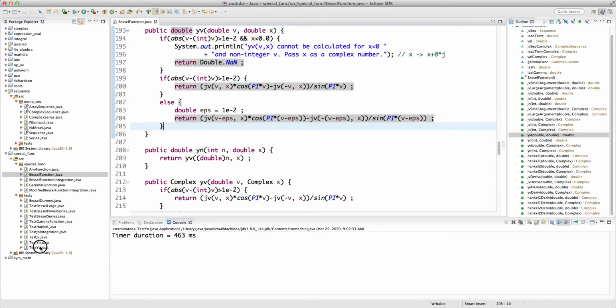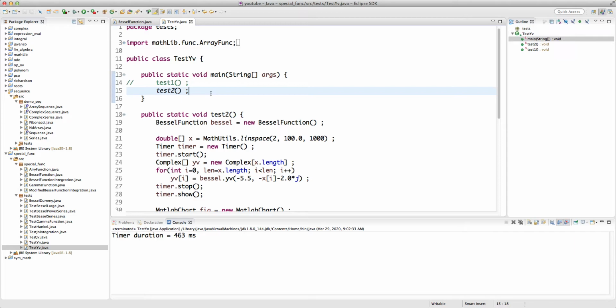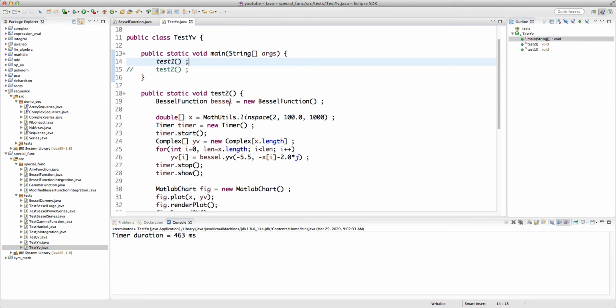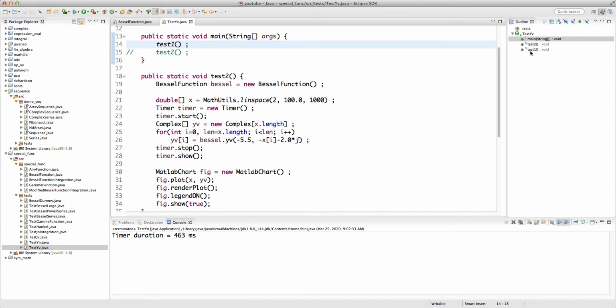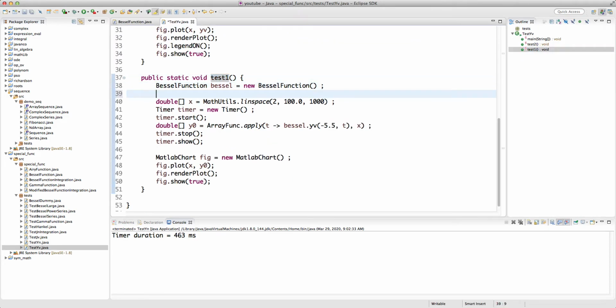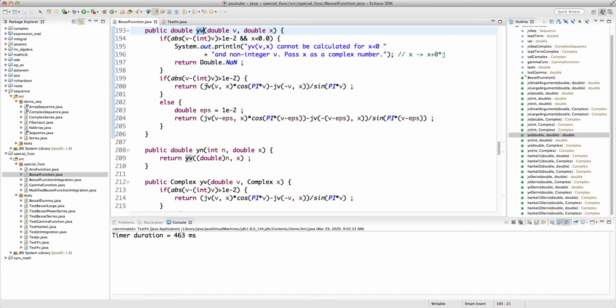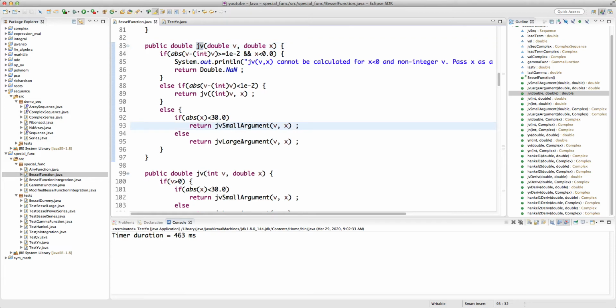So I have this test for Ynu, and this one relies on the fast calculation of the Bessel function. For Y1, I calculate my Bessel function object from 2 to 100. I'm calculating Ynu with the index nu equal to minus 5.5, and maybe let's change this to Ynu. This Ynu comes from our fast evaluation of Jnu, and Jnu comes from Jnu for small arguments and Jnu for large arguments, right?